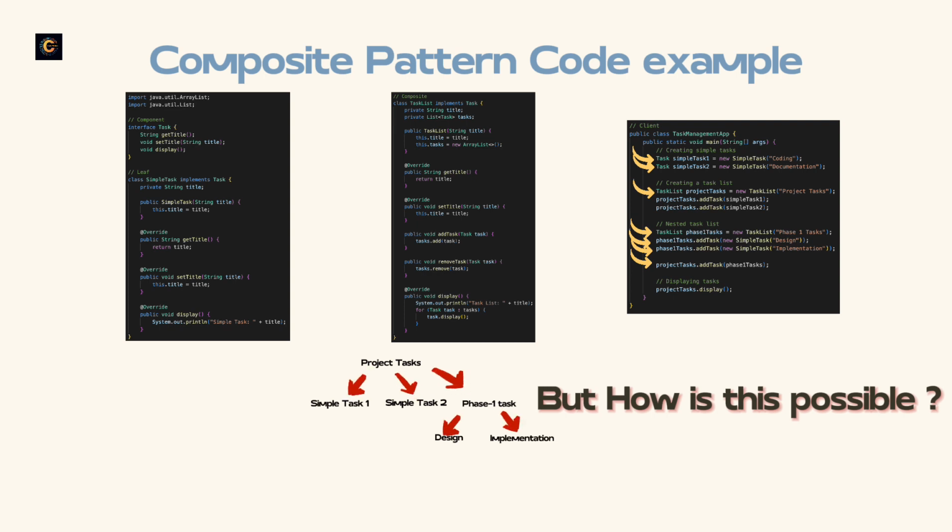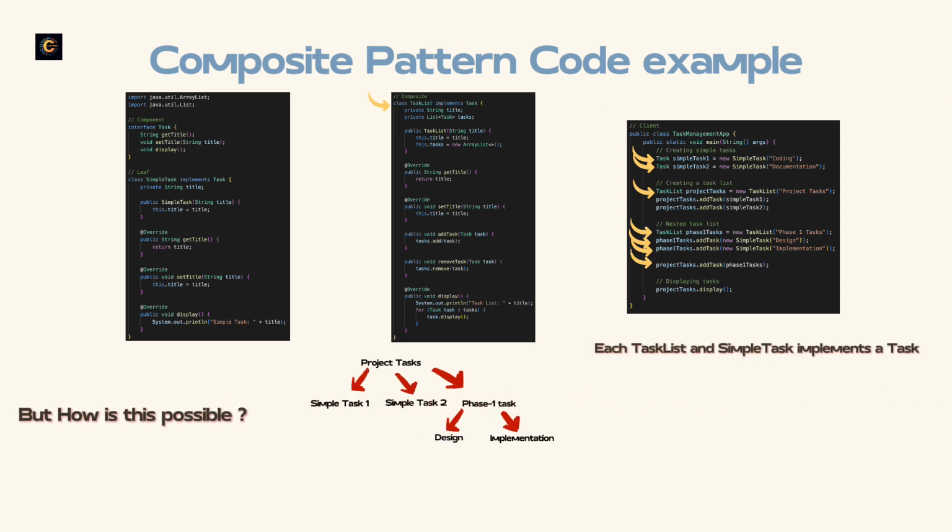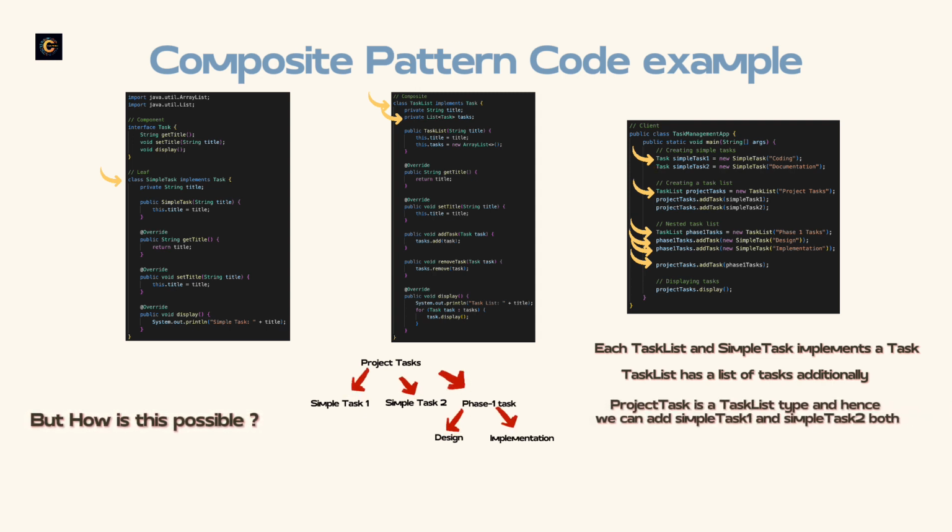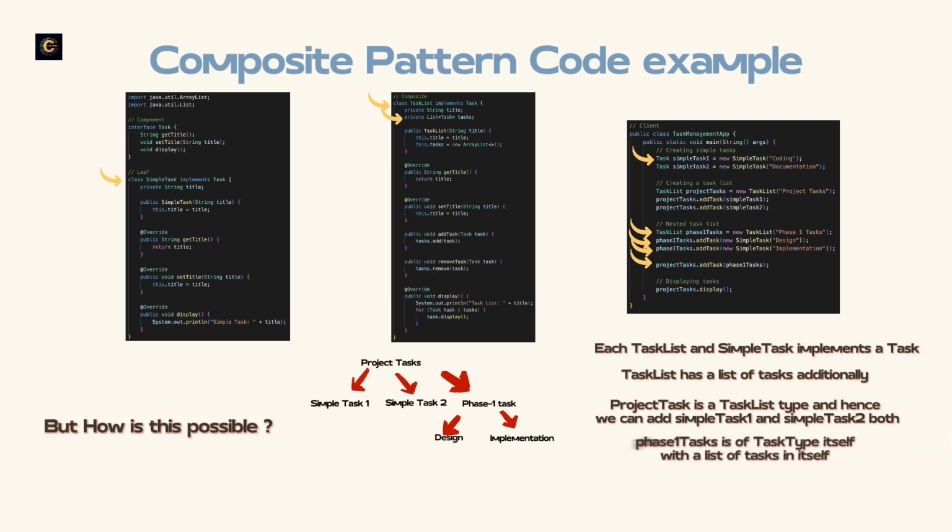Let me explain. Each task list and simple task implements a task, but task list has a list of tasks additionally. Now, this part is clear that within project tasks, we may easily add a task, simple task 1 and simple task 2 directly. But the reason we could add phase 1 tasks to project tasks is because phase 1 tasks is of task type itself.